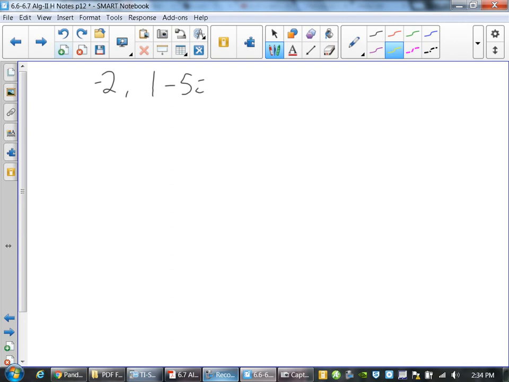Then I'm going to do the same thing with the radical. It works the same way with radicals like that as well. So if I have negative 2 and then 1 minus 5i, what's the missing zero? 1 plus 5i, good. So we're going to have an x plus 2.